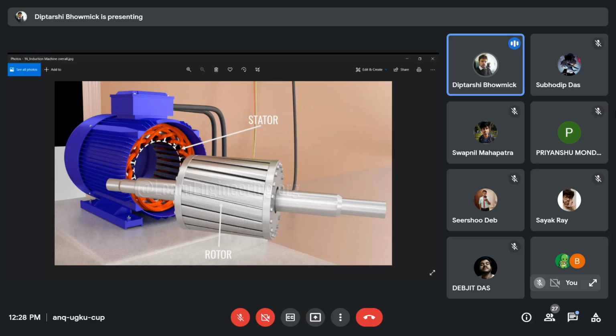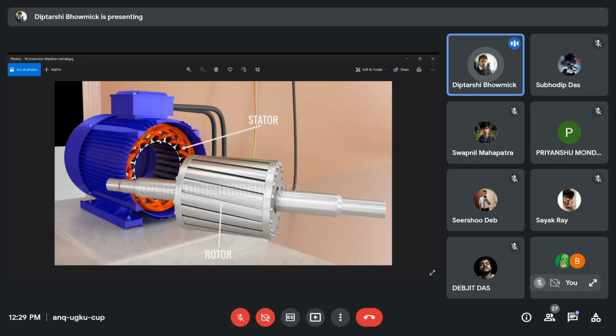So the angular travel is basically 2 pi for the whole stator. That means the angular slot pitch is 2 pi by the number of slots, that is 36. So 2 pi by 36 means 0.1745 radians. Clear? That is the angular slot pitch.